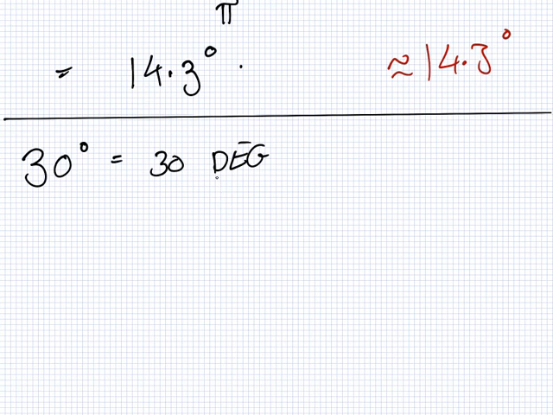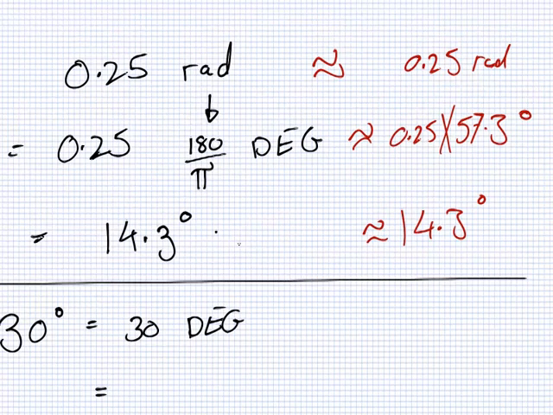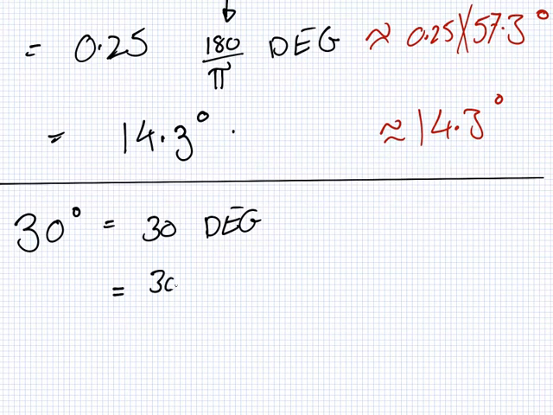There's a couple of things you can do here, but maybe the easiest thing would be to do 30 times pi over 180 times 180 over pi degrees.